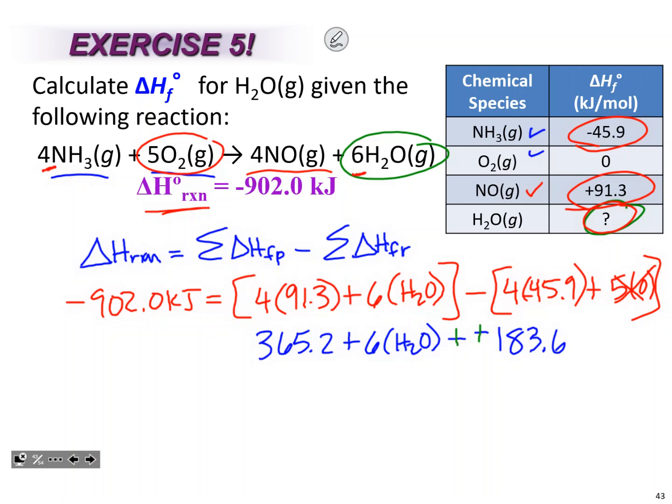So then we do plus plus here, combine these like terms, move stuff around, so that we end up with just our 6 waters, isolate that.